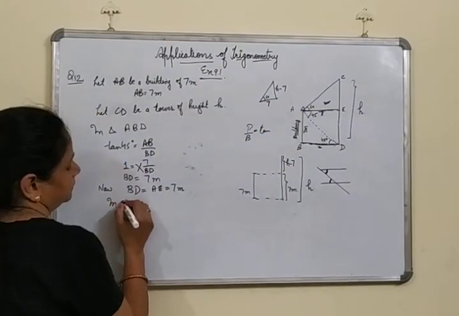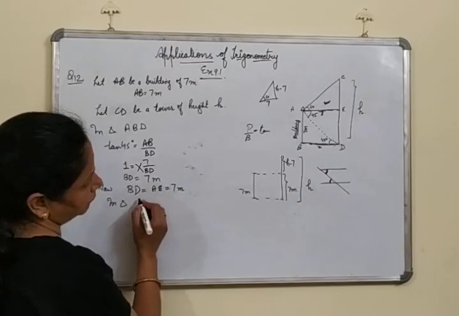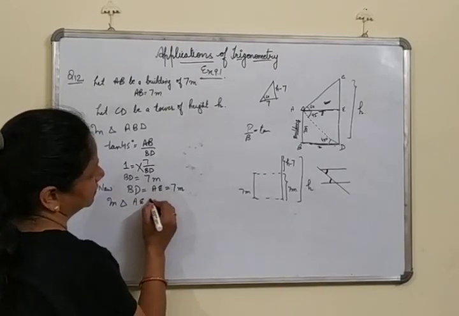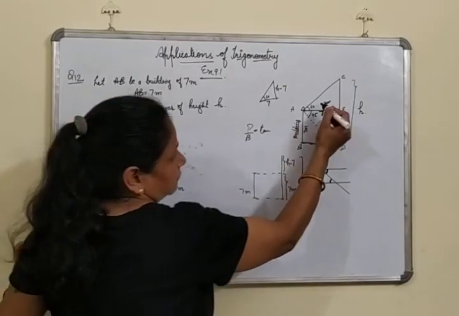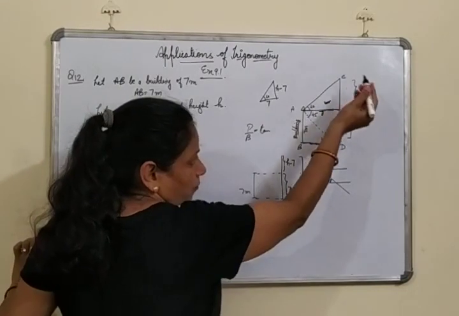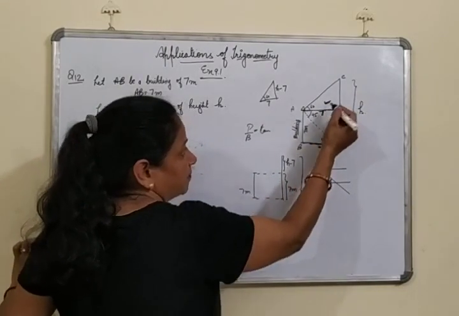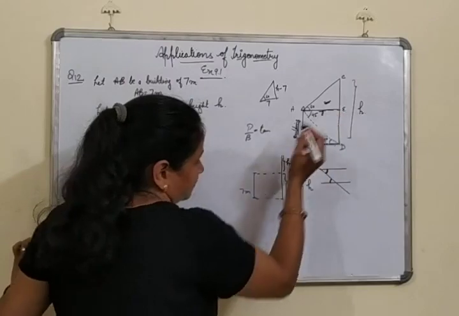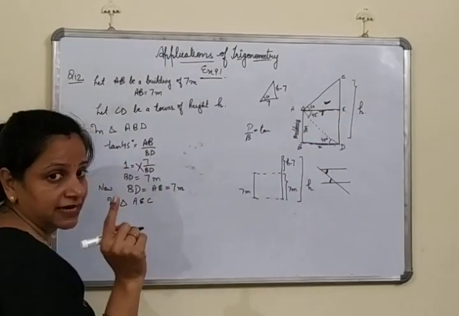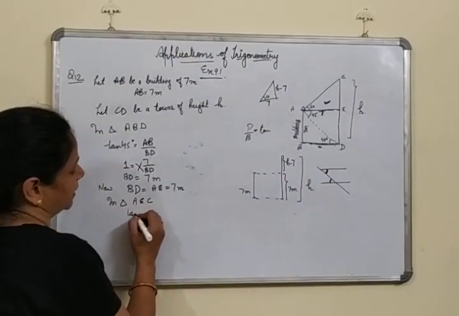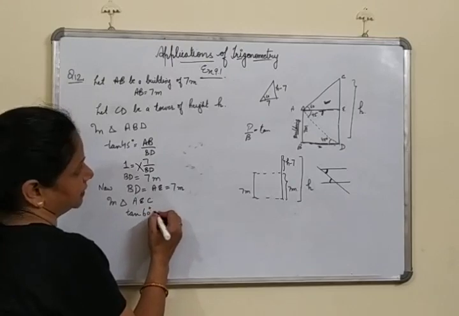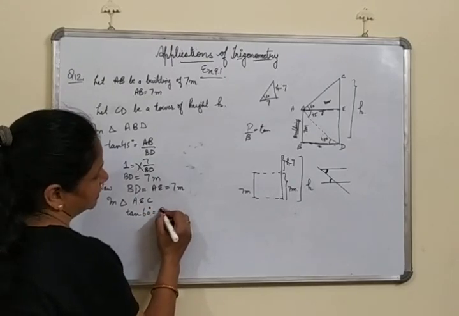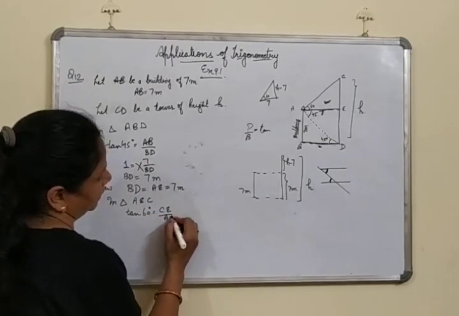Now in triangle, what is the name of this triangle? AEC. In the same way, this is the angle. The side opposite to the angle is always perpendicular, and this is your base. That means perpendicular upon base is tan. So we are having tan 60 degree is equals to CE upon AE.